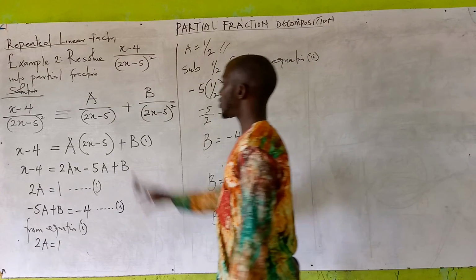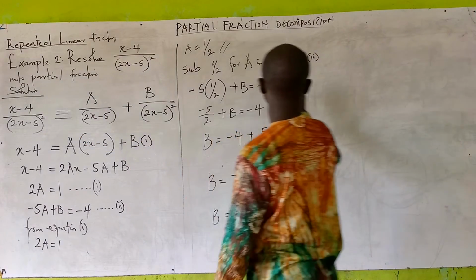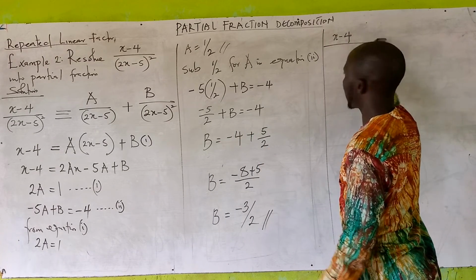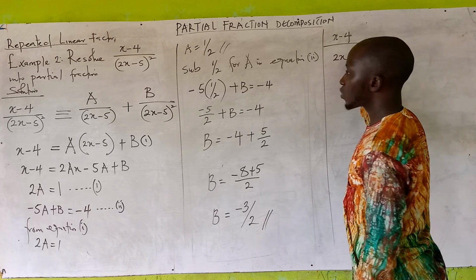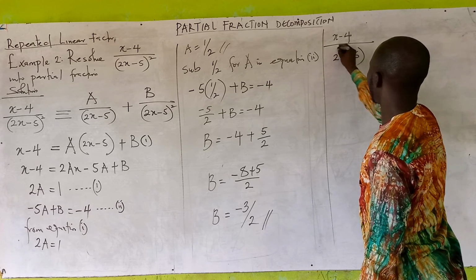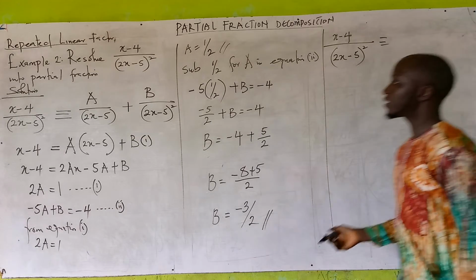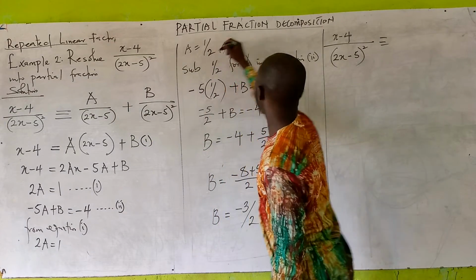Now going back to our partial fraction, we say x minus 4 divided by 2x minus 5 raised to the power 2 goes to a over 2x minus 5 plus b over 2x minus 5 all raised to the power 2. Instead of a, what do we have? We have 1 over 2.